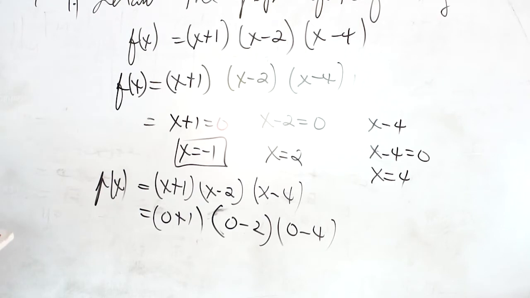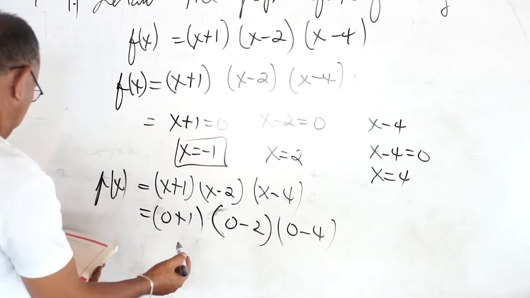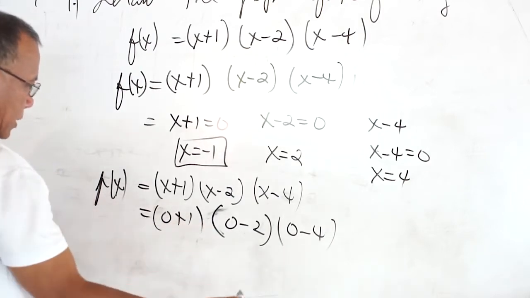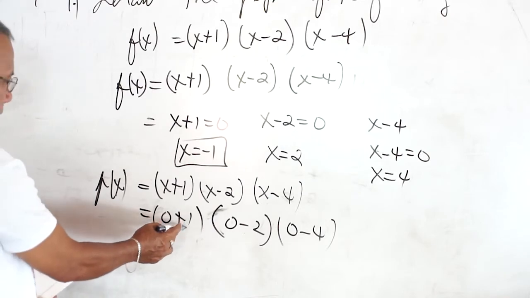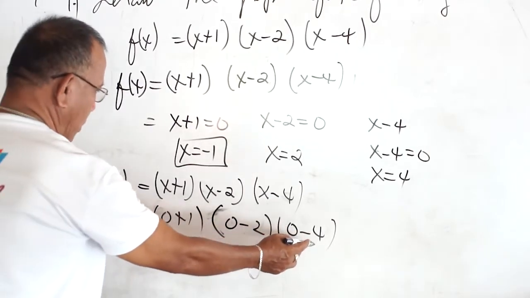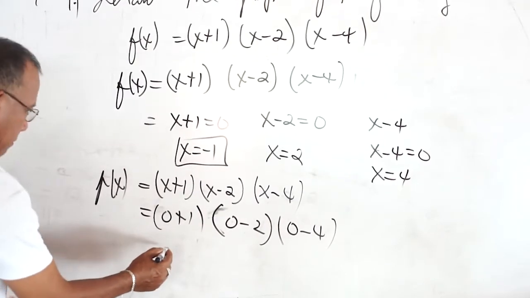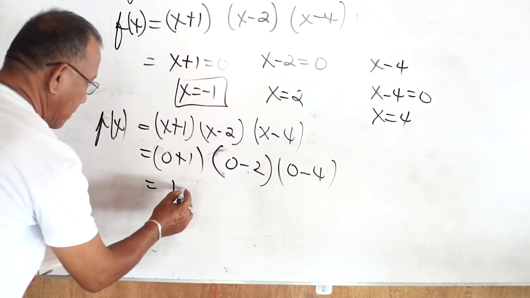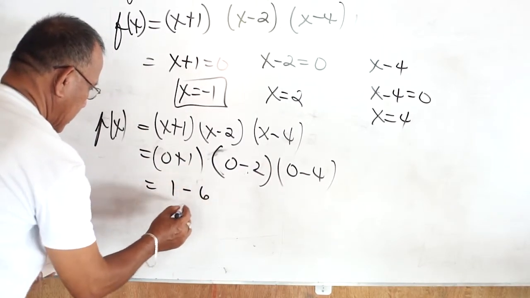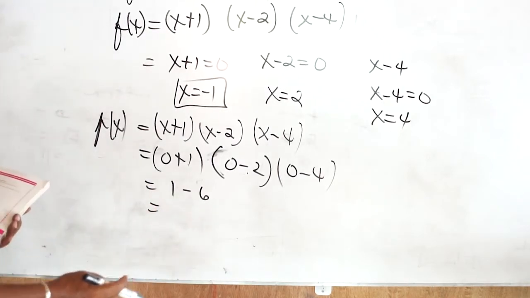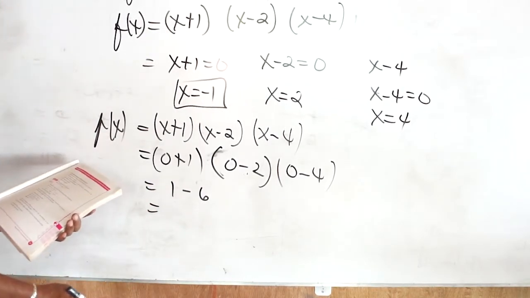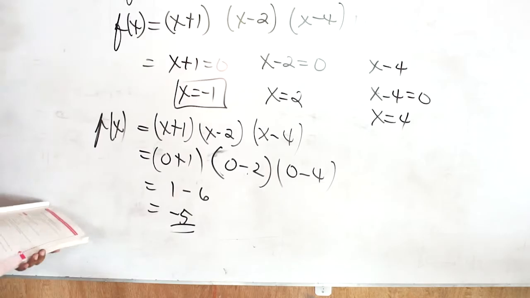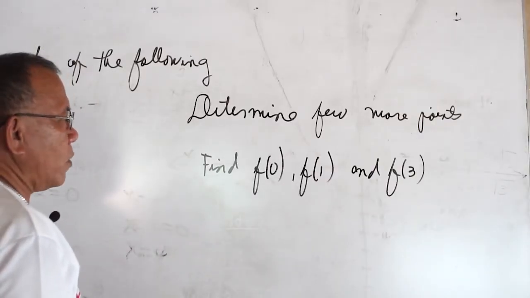Okay, so then add: positive 1 plus negative 2 plus negative 4. The result is 1, negative 2 plus negative 4 is negative 6, so then add, that is equal to negative 5. So next, determine more points.